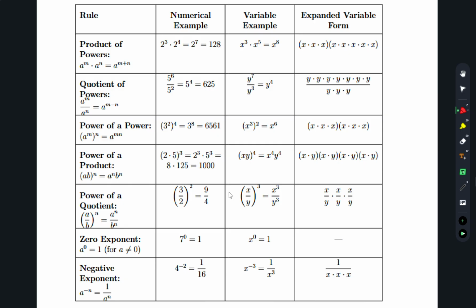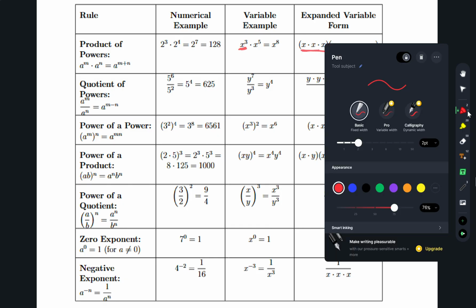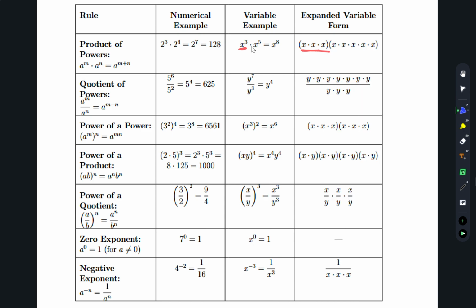When you're multiplying two exponents with the same base, you add the powers. For x cubed, think in your head you have 3 x's multiplied together, and then x to the 5th, think of having 5 x's multiplied together. So what ends up happening is now you have 8 total.